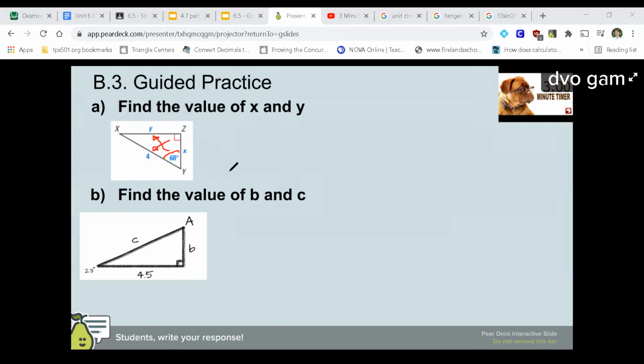And then once you have your labels, you have to say which trig function relates the side you're trying to find with the missing side. So for this problem, hopefully you found that y is the opposite side. 4 is the hypotenuse. And x is the adjacent leg.